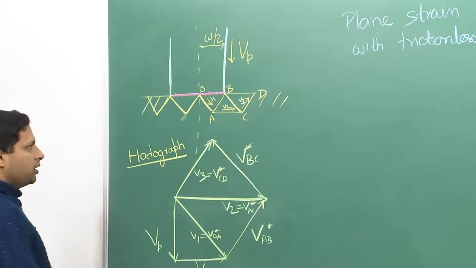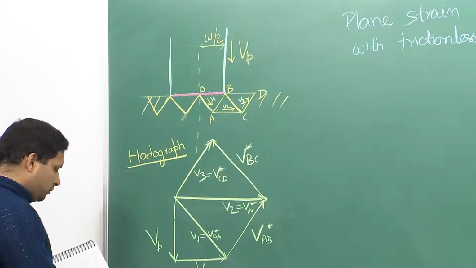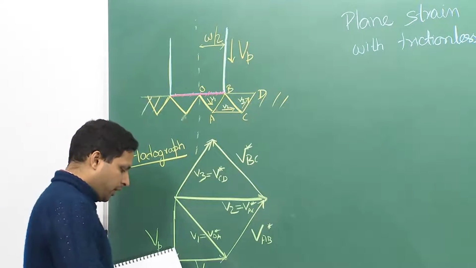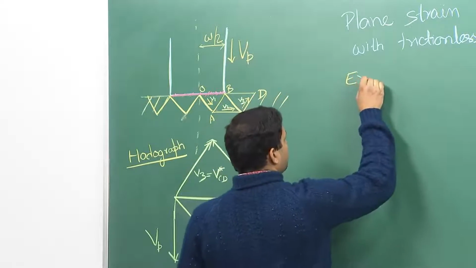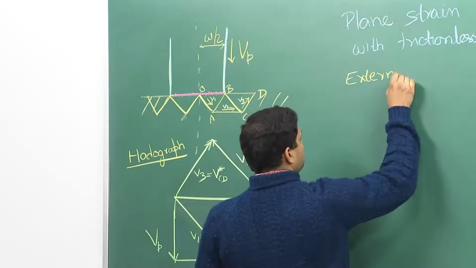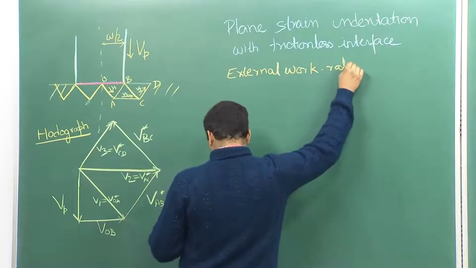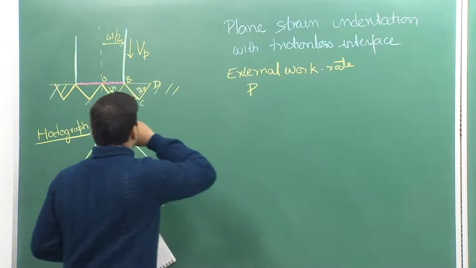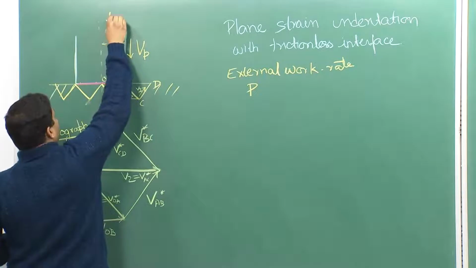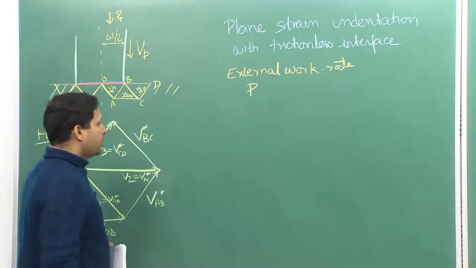Next, we again write a relation for external work, a relation for internal work, and then find an equation between them. Let us start with the simpler one, which is external work. Let us say the pressure we assumed is Pp, the pressure being applied.